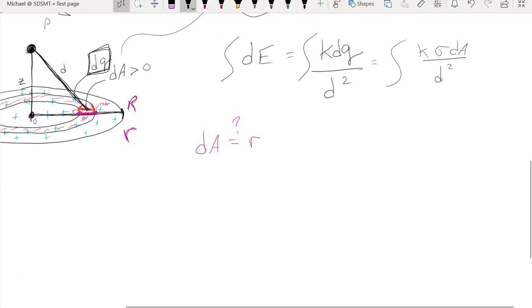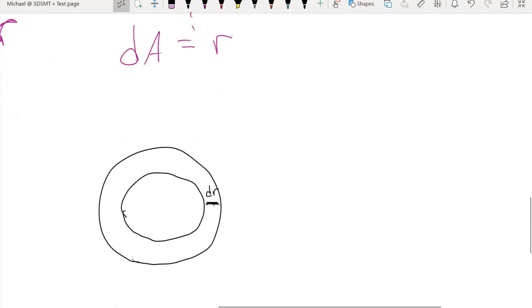So for each concentric ring, I'm going to draw a ring of thickness dr. We'll zoom in a little bit here.